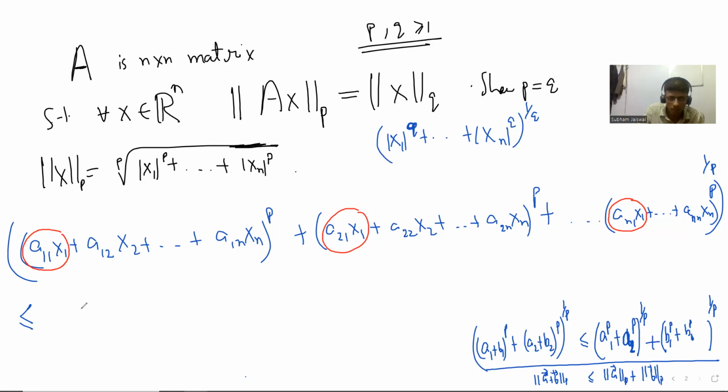And what will that vector be? I'm just putting commas, and a_1 x_1, this vector. And we will take the p norm of this vector.